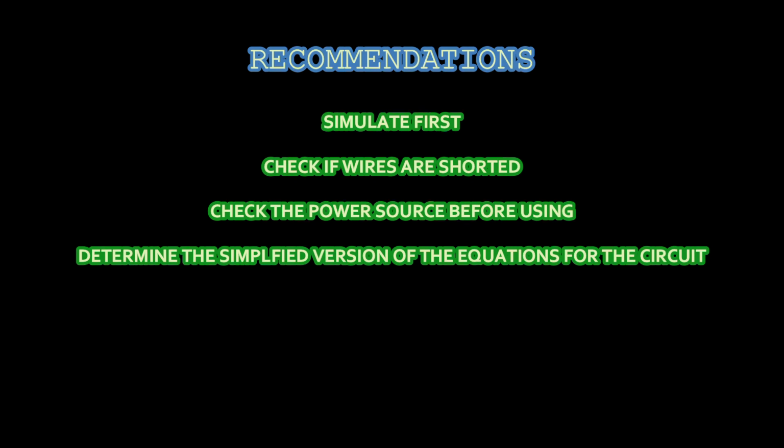Lastly, try to determine the simplified versions of the circuit using Boolean algebra and observe what happens with the table and compare the results with the equations used. So that is it for our fourth experiment for our digital electronics laboratory.